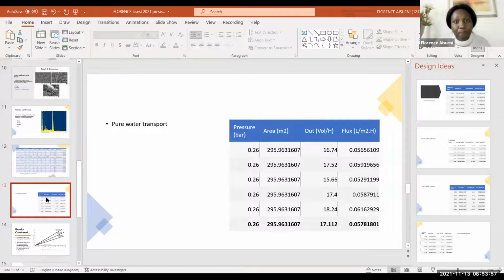We were also able to run pure water flux using the rig setup that I showed previously, and this was the outlet volume as well as the flux. It was repeated five times, and the average is given below.